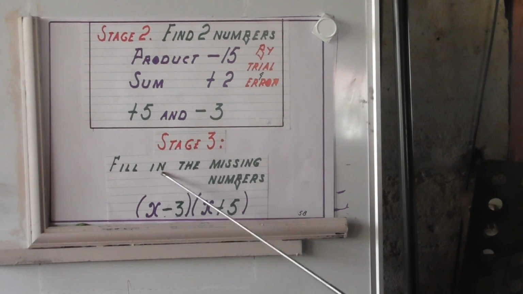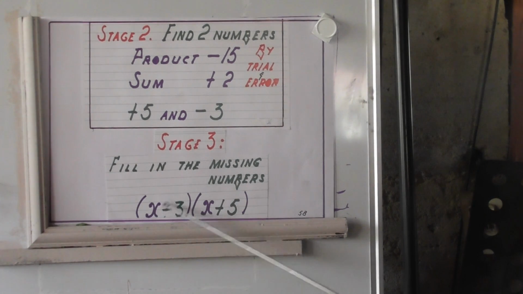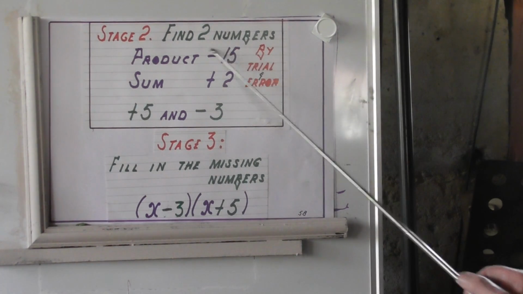Stage 3, we fill in the missing numbers. Stage 1, we put this, action. Not thinking, how do you do this? No. And 2, 3, 4, X, X. Then do this exercise.